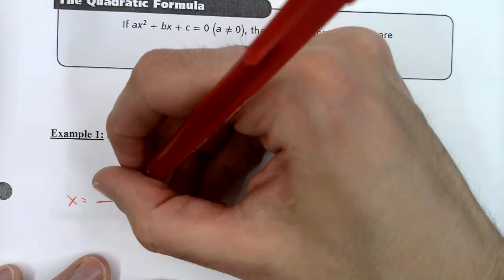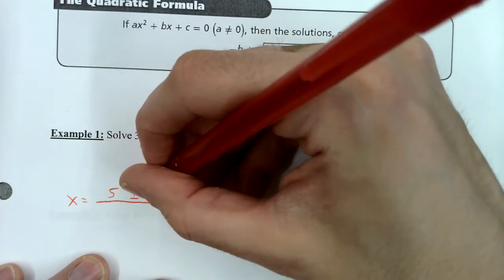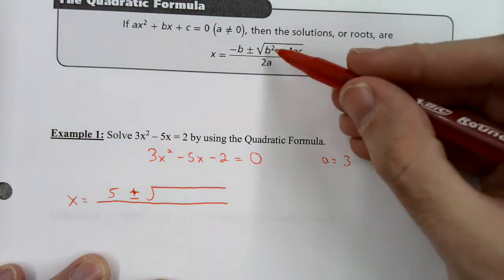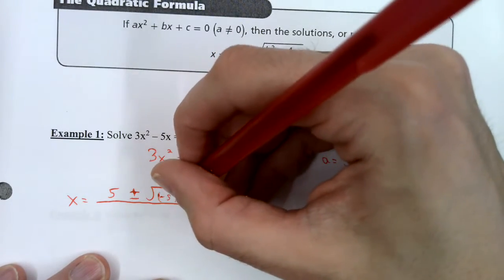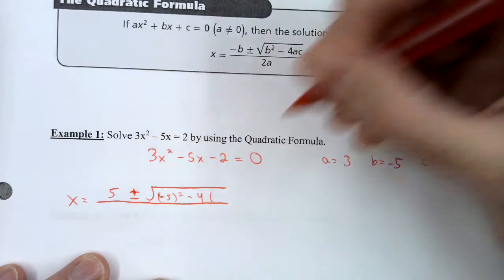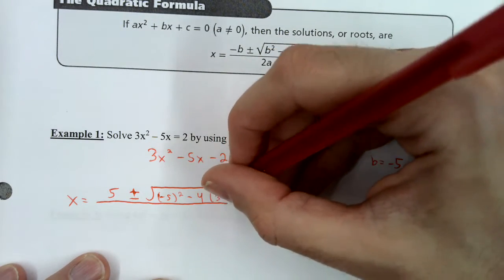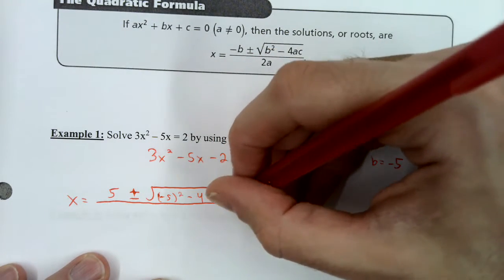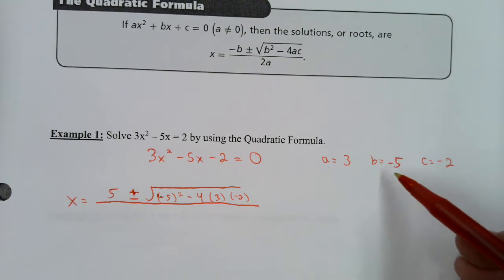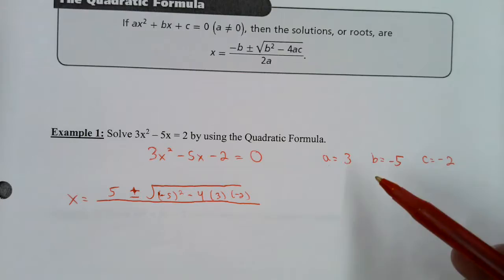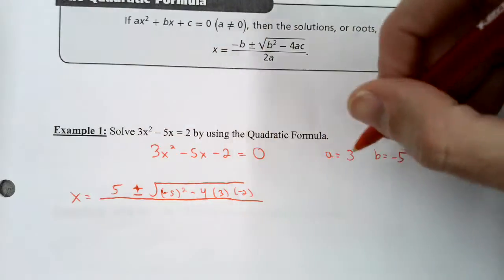Plus or minus the square root of b squared, so negative 5 squared, minus 4 times a, which is 3, times c, which is negative 2. So I recommend identifying a, b, and c first. And that's divided by 2 times a, 2 times 3.